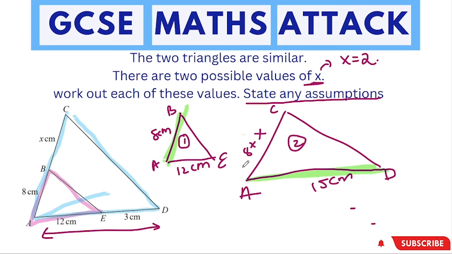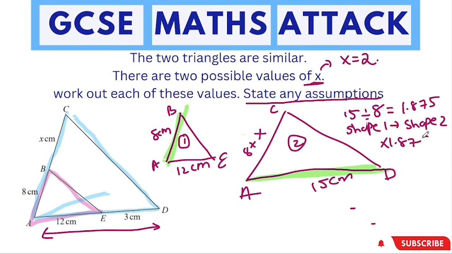So if those two are corresponding, then we can do 15 divided by 8. And if we do 15 divided by 8, we should get 1.875. So to go from shape 1 to shape 2, we times by 1.875.